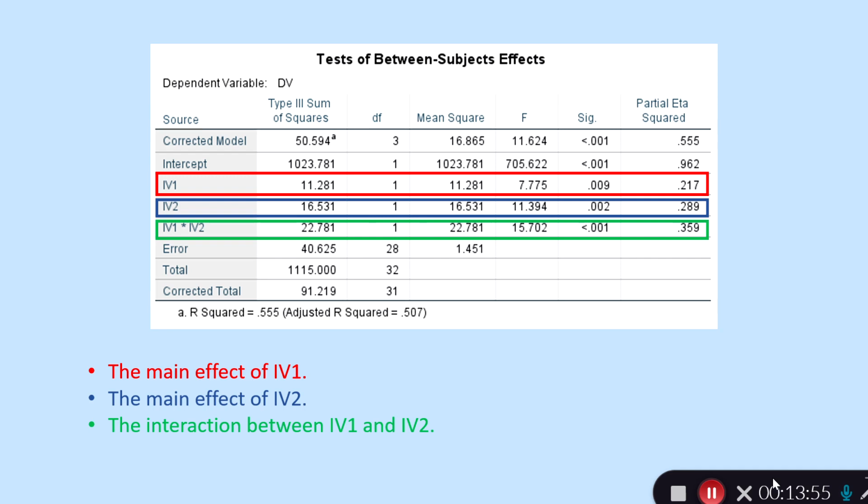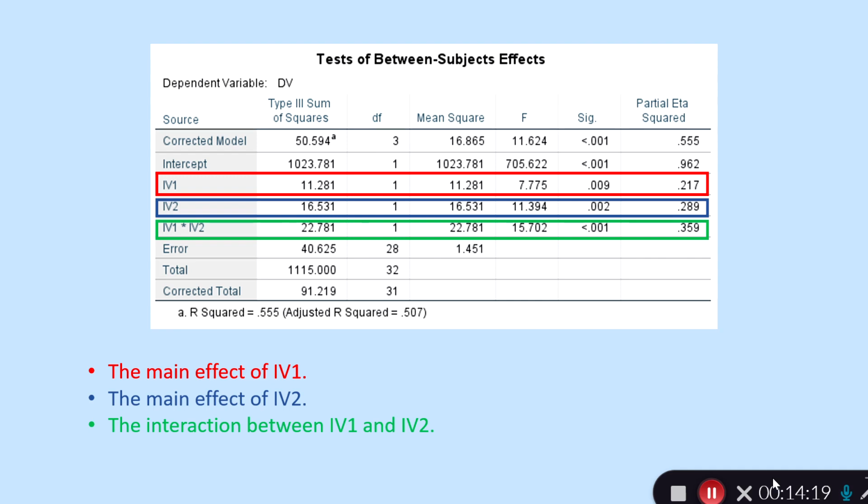One for the main effect of independent variable 1, which I've highlighted in red, one for the main effect of independent variable 2, which are effectively F ratios ignoring the presence of the other independent variable, and one for the interaction between those independent variables. So in green there, the interaction between IV1 and IV2.